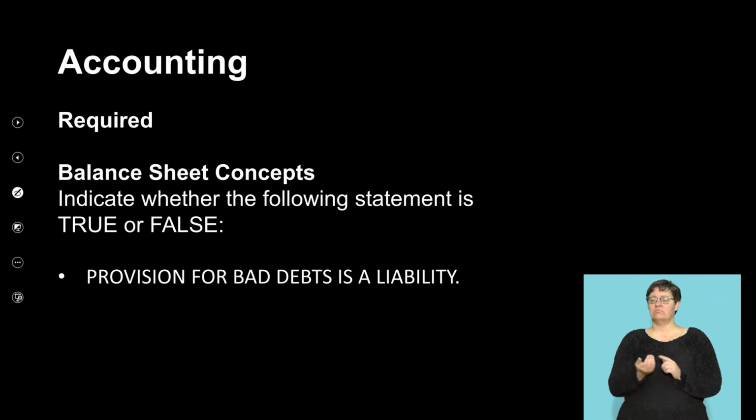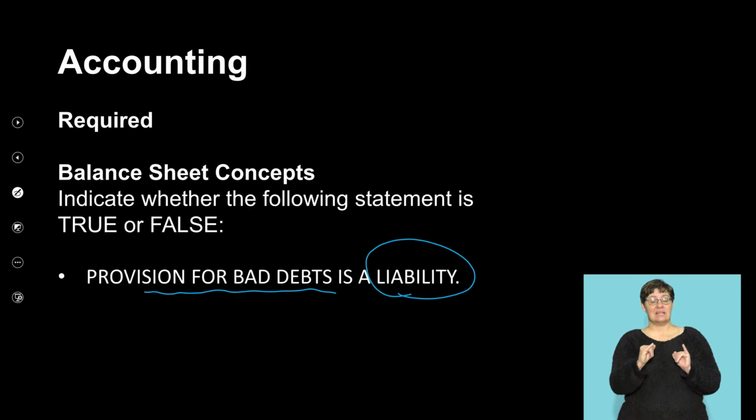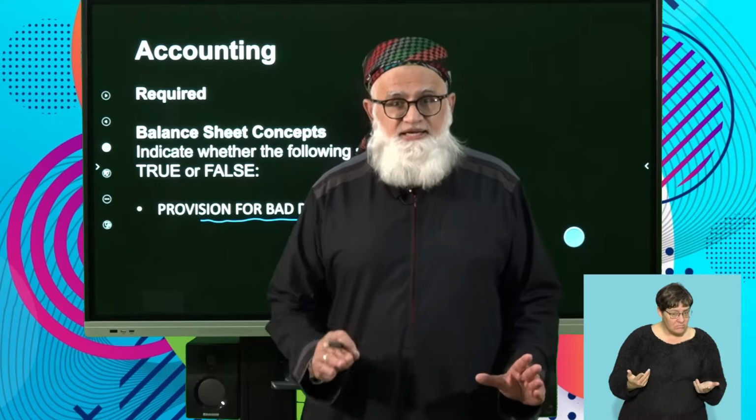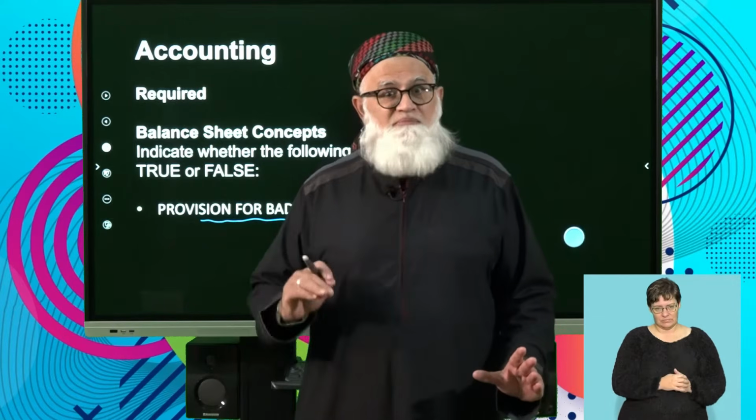Indicate whether the following statement is true or false. Provision for bad debts is a liability. We know that provision for bad debts has a credit balance. True. But is it a liability? And the answer is an emphatic no. What do I mean by that?